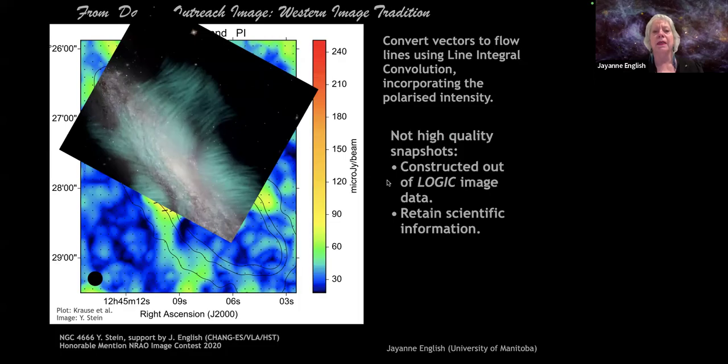Okay, so the images that we're using originally are not high quality snapshots. They take time to produce and collect, and they're summed together. They're combined in some mathematical way. And we call those original data images logic image data instead of Western image data images.